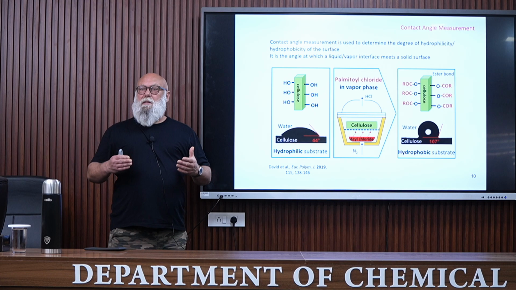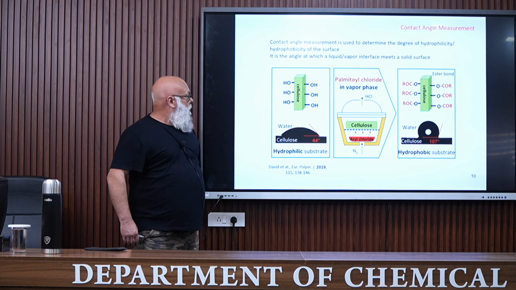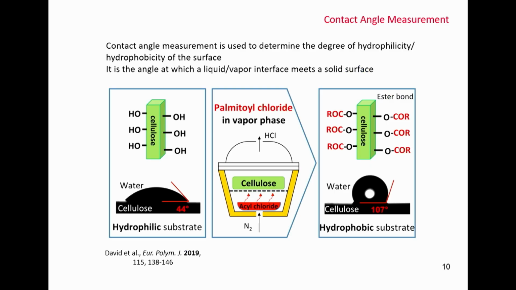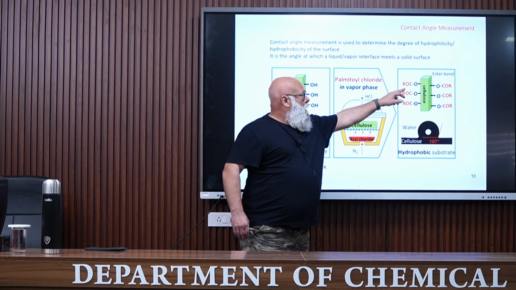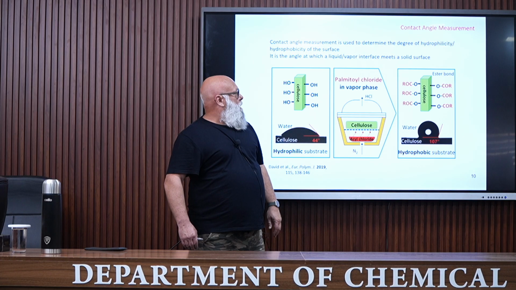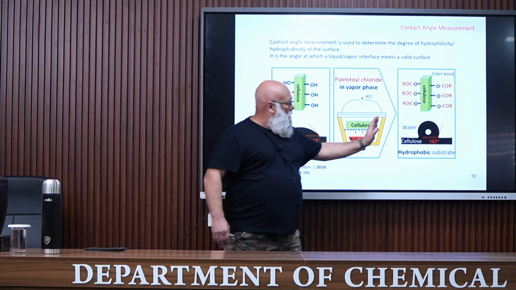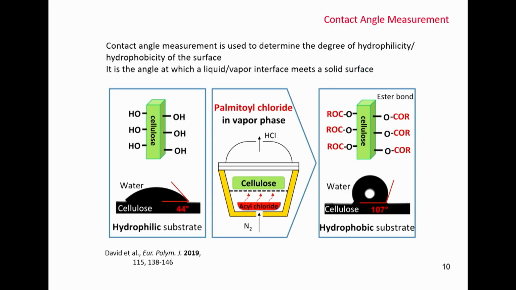There are some good interactions, meaning that the contact angle is quite low. After chemical modification, so in this case with palmitoyl chloride, the nanoparticles become, or the particle becomes, more hydrophobic, and we can see this increase in the contact angle.